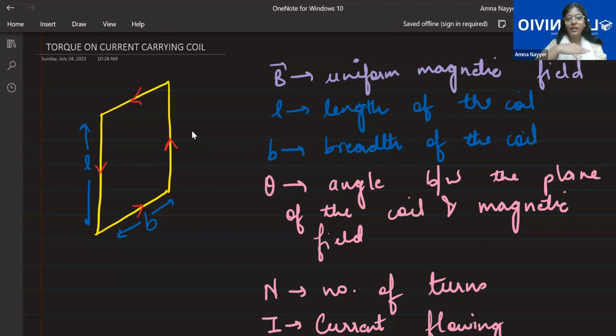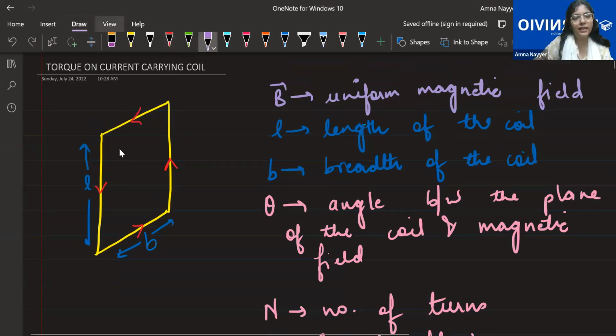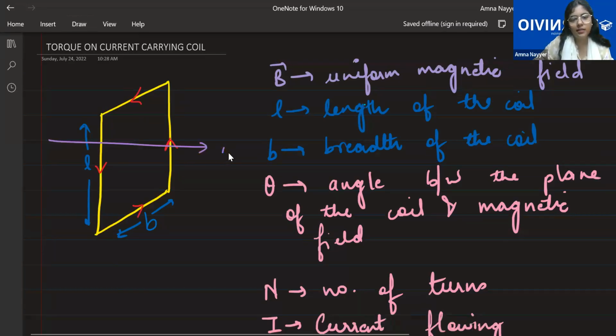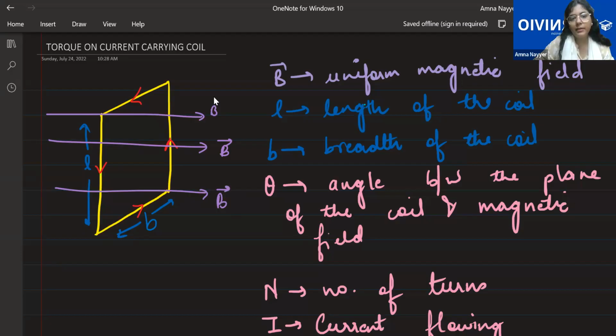So when we have the thumb like this, let's assume the direction of magnetic field passes through the coil, because usually it will pass through the coil. Only then will this coil thing come in your alternating current chapter, but the concept is different.